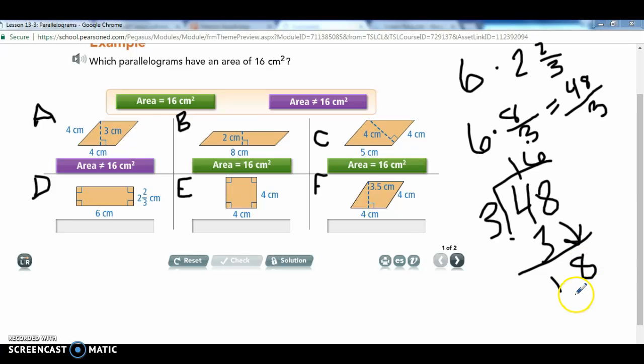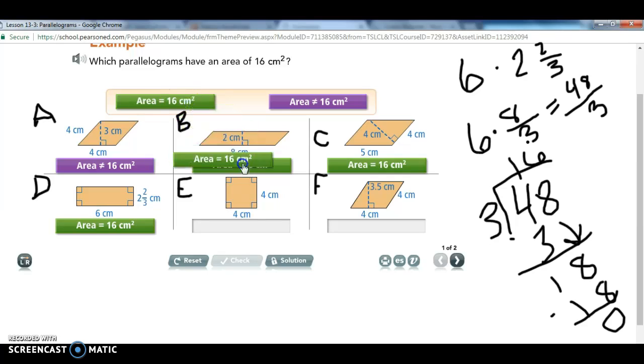Three can go into 18 6 times. So my answer for this is 16 centimeters squared. Base times height, 4 times 4, 16.